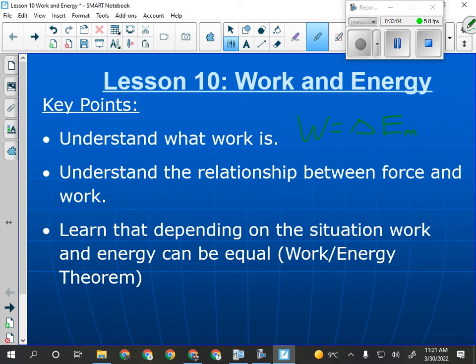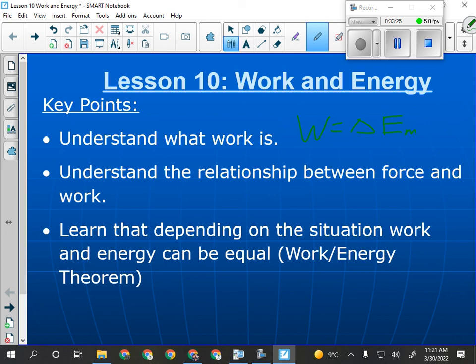But when I reload it, I do work. I put potential energy into the spring, and now the spring can do work again. So all of that involves changing the mechanical energy, whether it's potential energy or kinetic energy, doesn't matter. Any part of mechanical energy that is changed, I've done work.